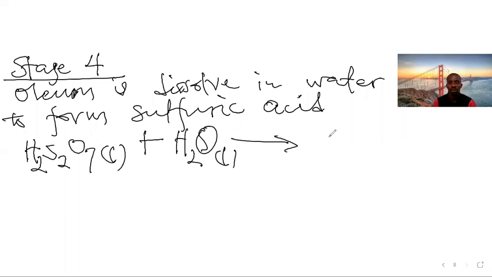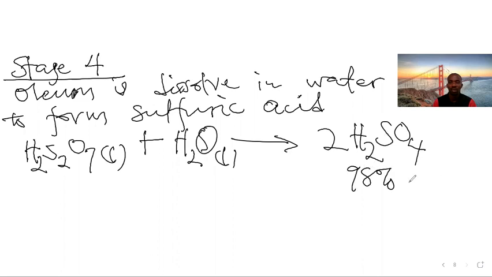Then you have 2 moles of sulfuric acid. Sulfuric acid made in this fashion is about 98% pure. Okay, so this is the last stage of the contact process.